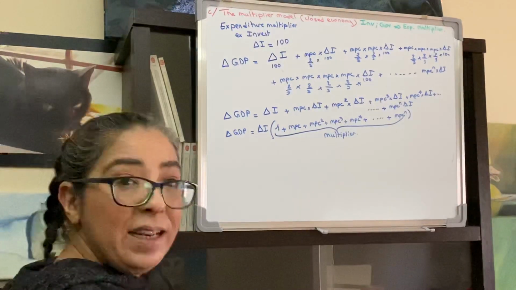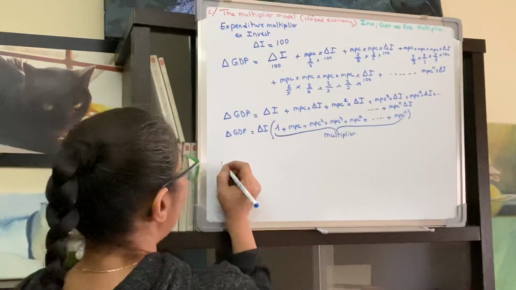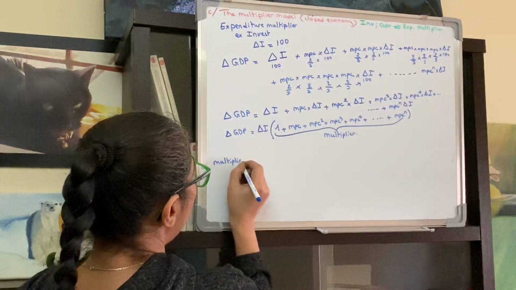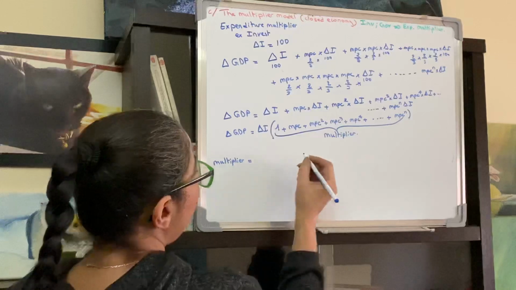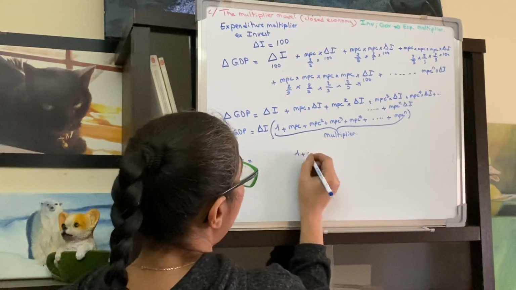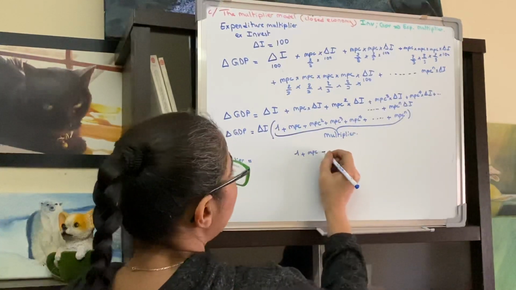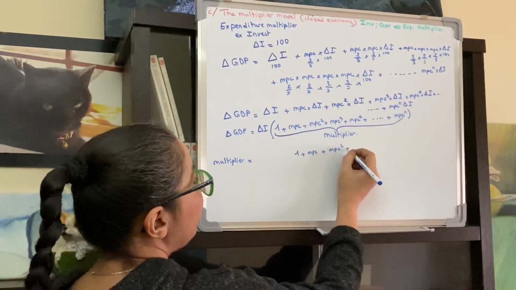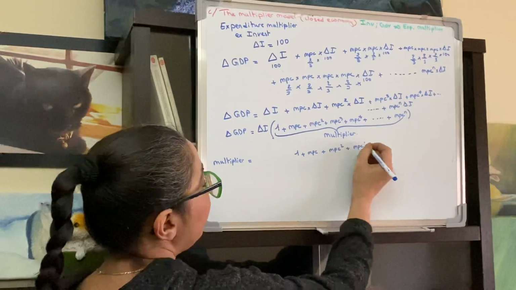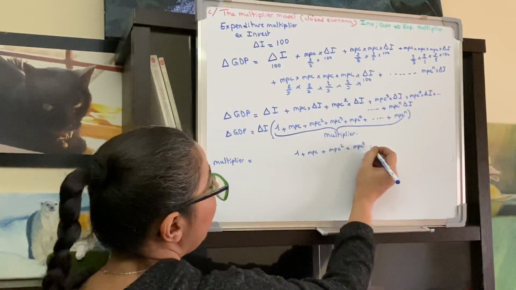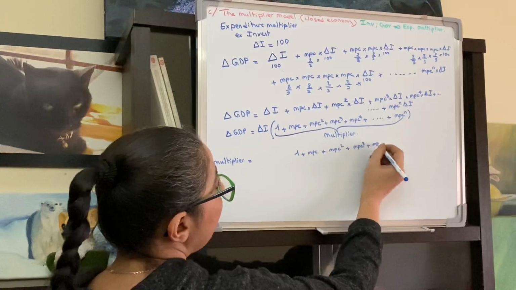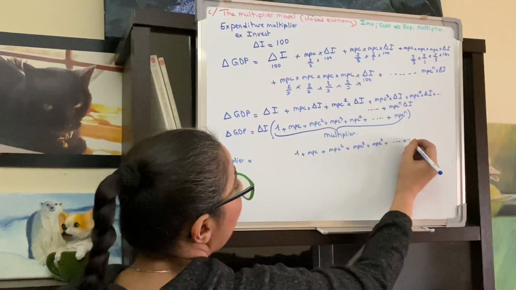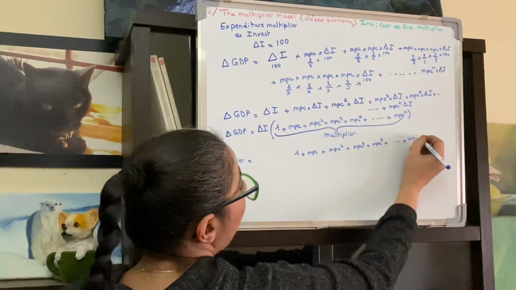So now I'm going to analyze the multiplier, only the multiplier. So the multiplier is 1 plus MPC plus MPC square, I hope you see, plus MPC cube, plus MPC to the power 4, plus MPC to the power n.